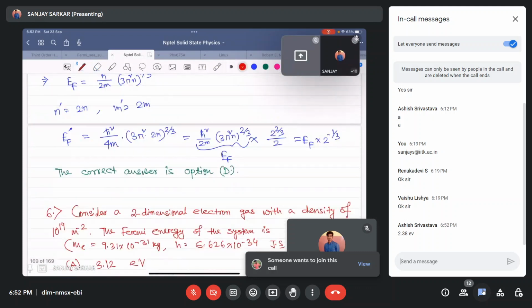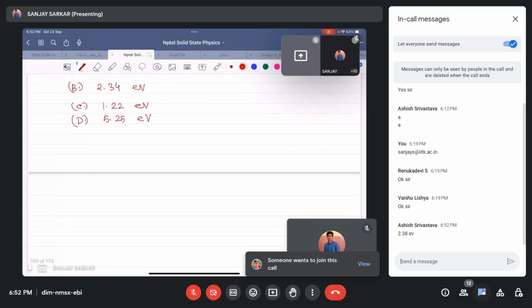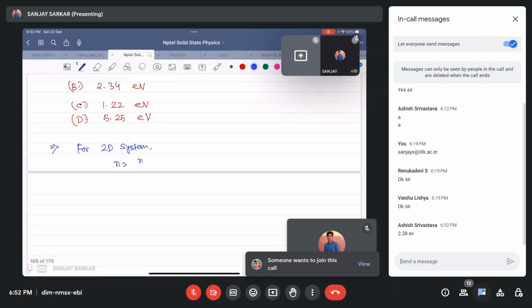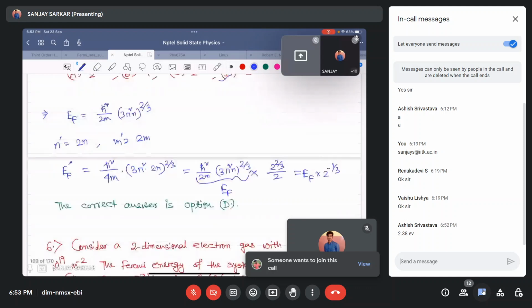So for a 2D system we know that N equal to m EF by pi h bar square. Is it correct?